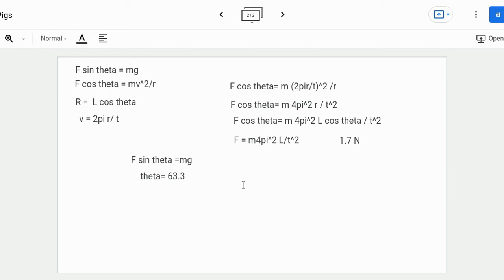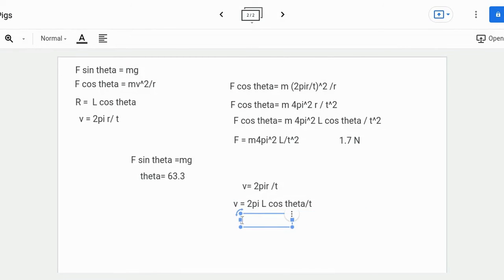And for the final part here, we're going to determine the velocity. So going back to our system of equations, we know that the velocity is equal to 2 pi r over t, and having all the information that we do now, we can solve this pretty easily. So we're going to start with the velocity, and we're going to change that r into L cosine theta. So we get velocity equals 2 pi times L cosine theta over t.